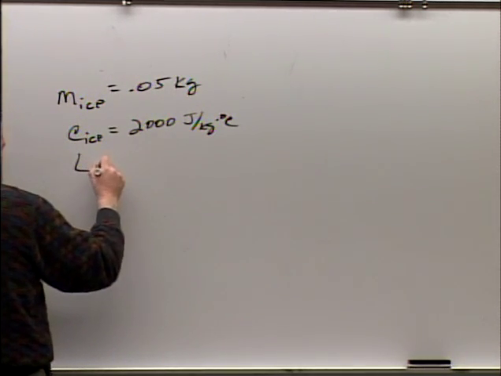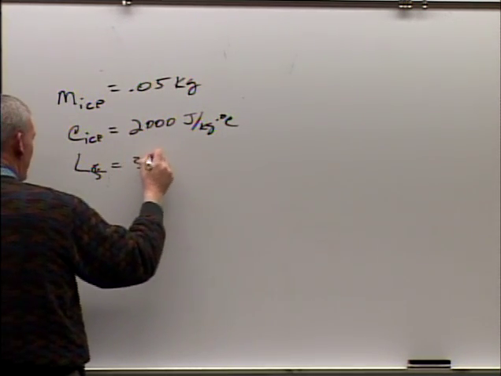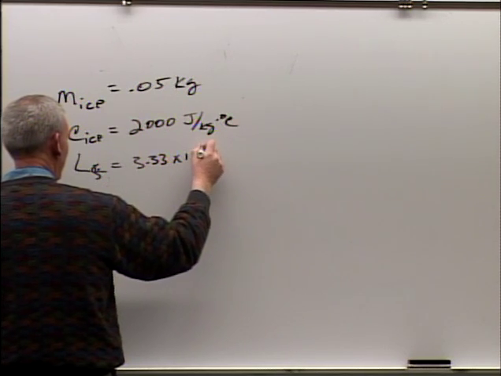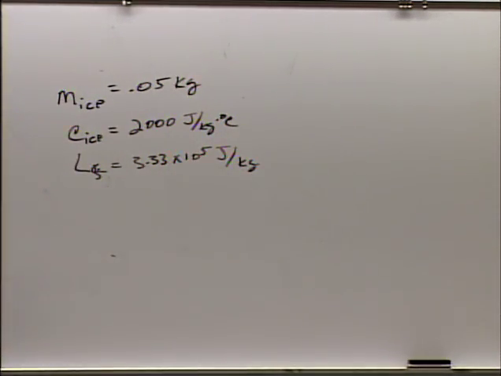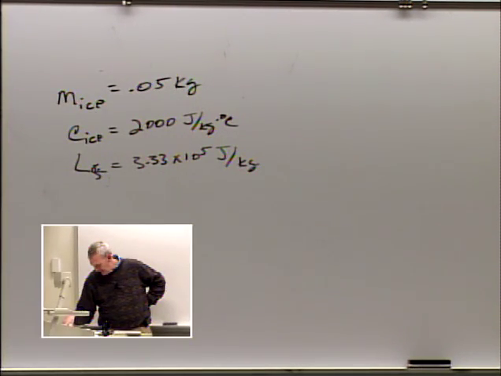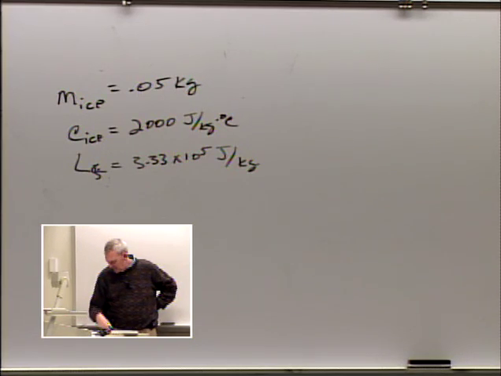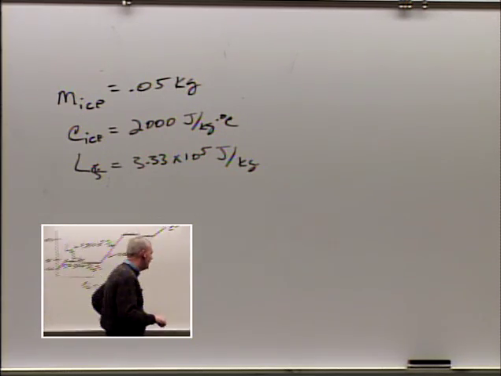The latent heat of fusion is equal to 3.33 times 10 to the 5th joules per kilogram. And I'm going to drop this ice into 0.3 kilograms of water, which is at 25 degrees Celsius.